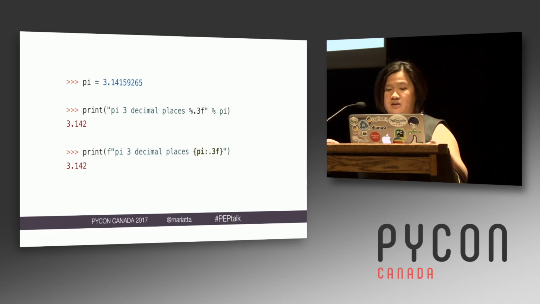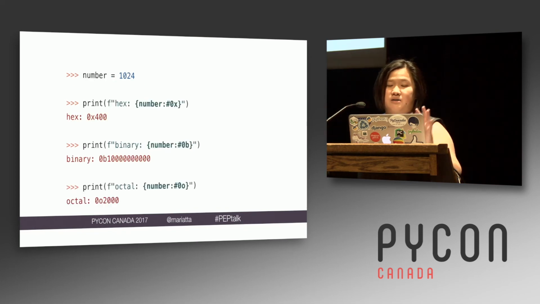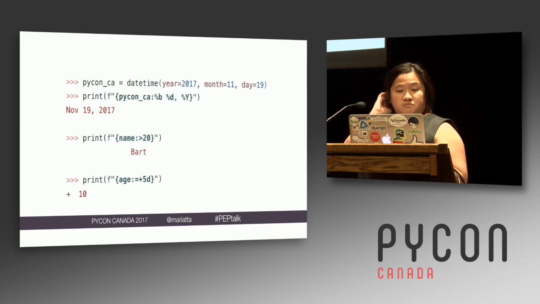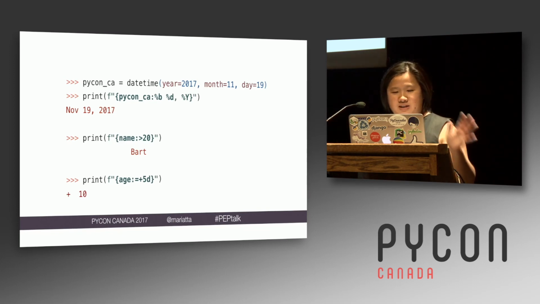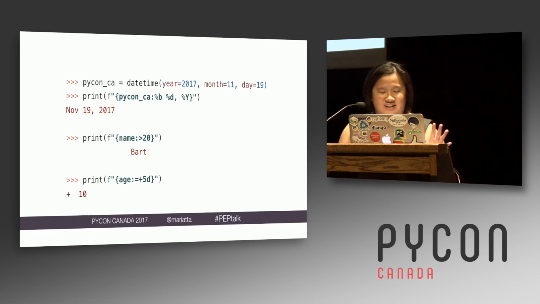Basically inside the curly braces: the variable, colon, and format specifier. Here's a little more example. You can do date formatting, indenting your text, doing number signs. It's a lot of fun things that you can do in this little code. Things just got simpler.